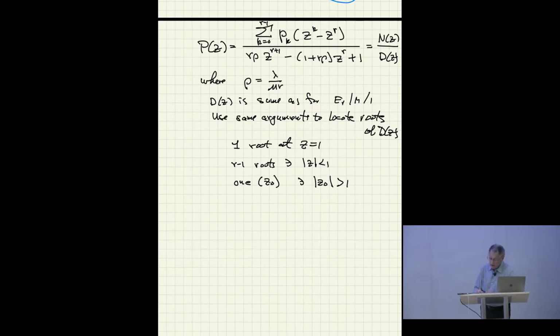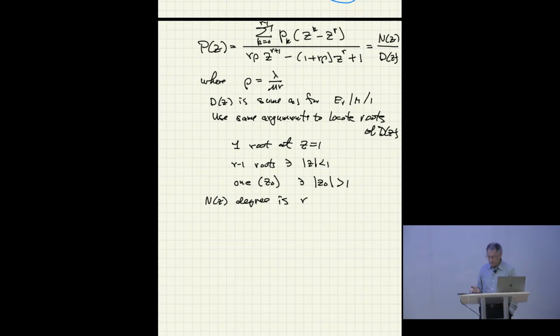Now, if you look at the numerator, the degree of n of z is r. Okay? So let's talk about that. N of z has degree r. And where's one of the roots?